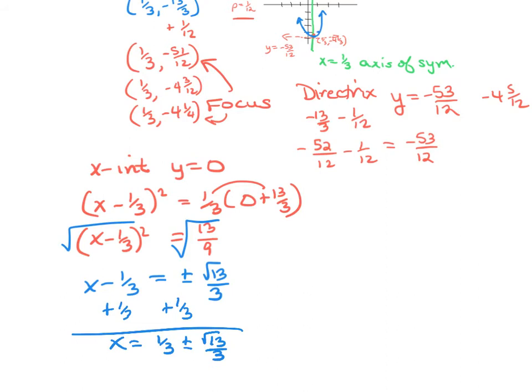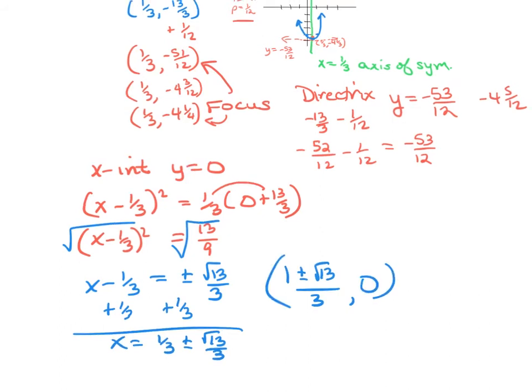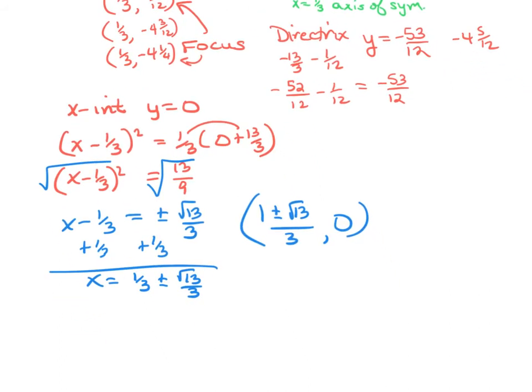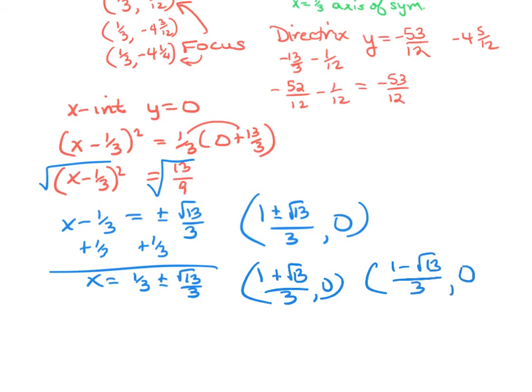Now, you're not going to be expected to graph this, but if you're asked to just label the x-intercept, again, we would write it as a coordinate. So you can either write it like this, or you could pull it apart and you could say that it's 1 plus root 13 over 3, comma 0, and then 1 minus root 13 over 3, comma 0.